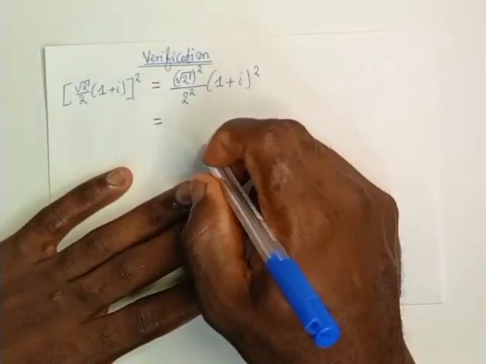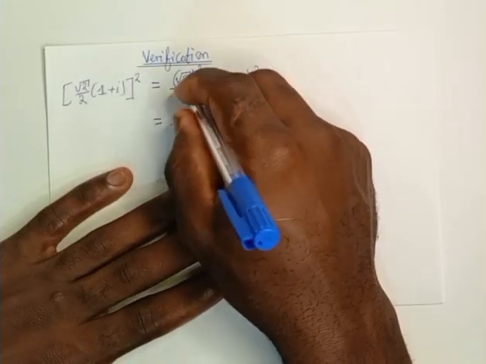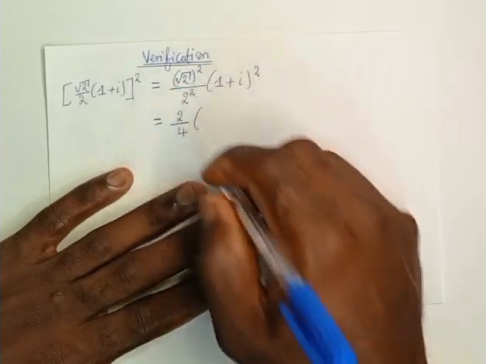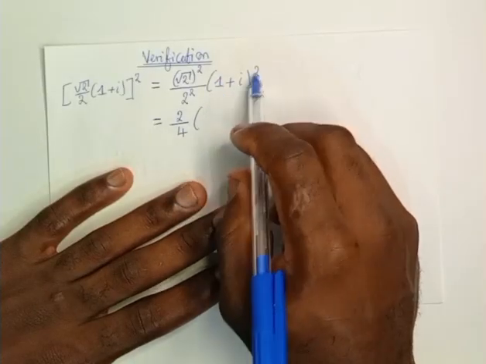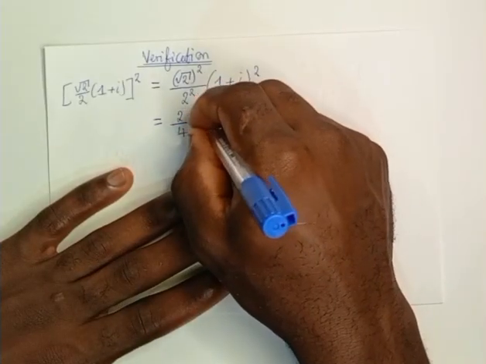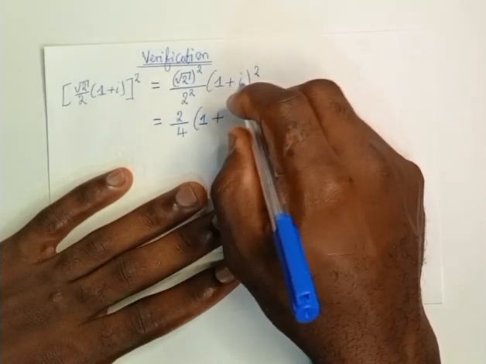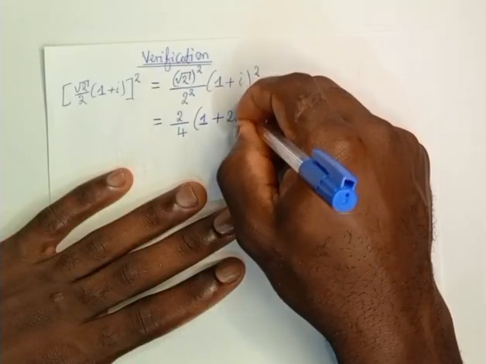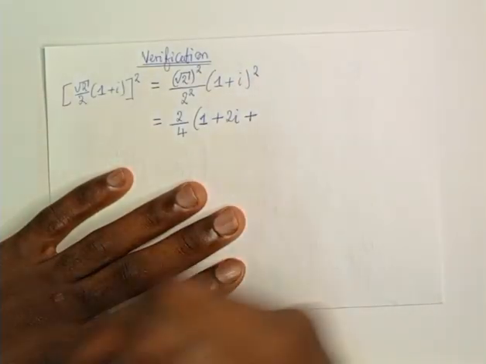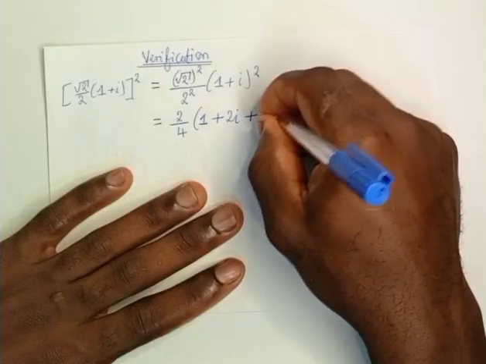And this will be equal to root 2 squared gives us 2 all over 2 squared gives us 4 times 1 plus i squared. 1 squared gives 1 plus we take 2 times 1 times i plus 2i plus i squared. i squared gives us negative 1.